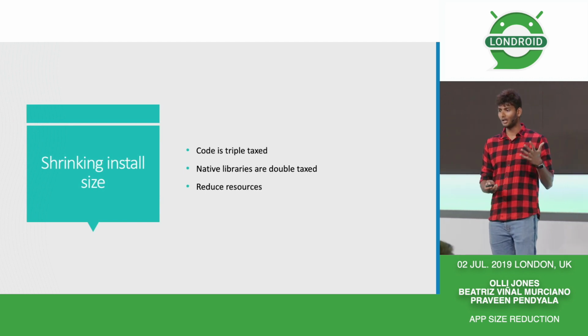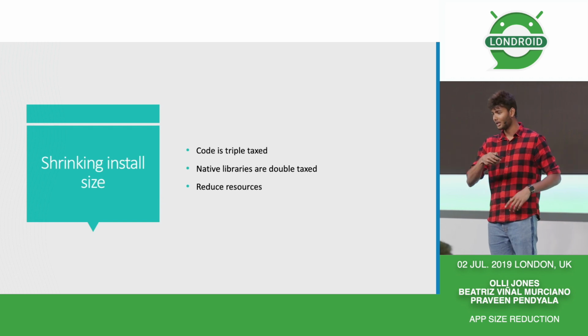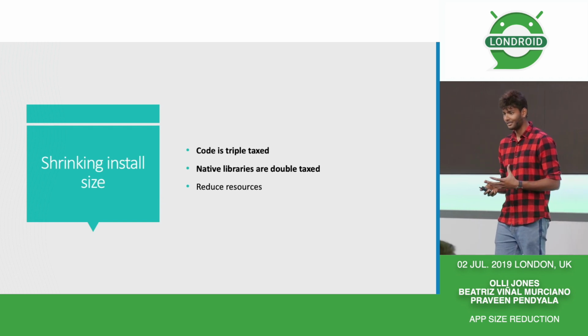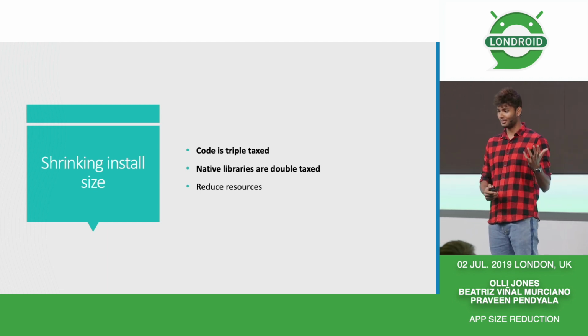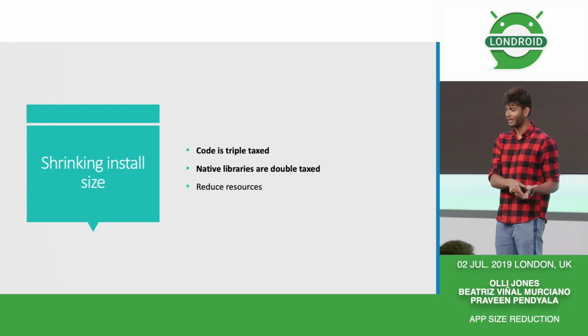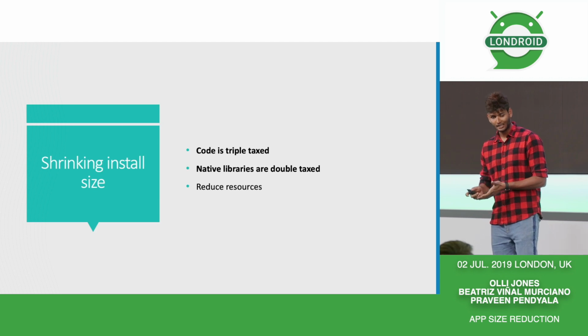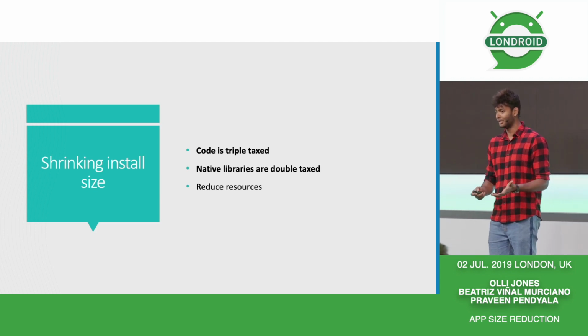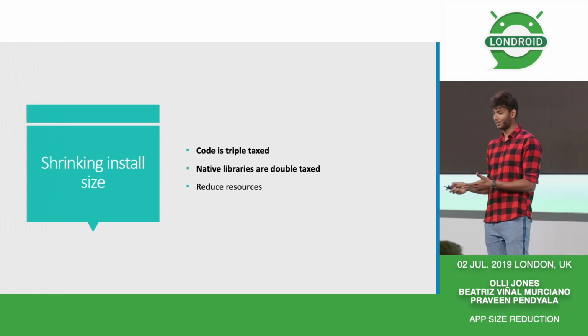Specifically, first, we noticed that the DEX code we write is triple taxed. Once in the APK file as classes.dex, then again at the time of installation as a VDEX file, which is generated from the classes.dex, and as time goes on, or with the cloud profiles, an odex file.